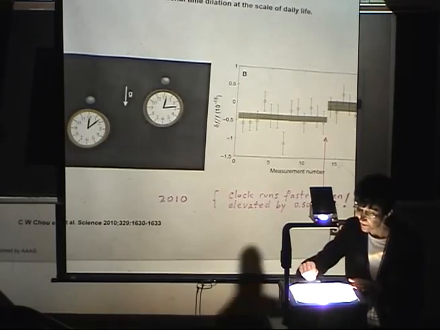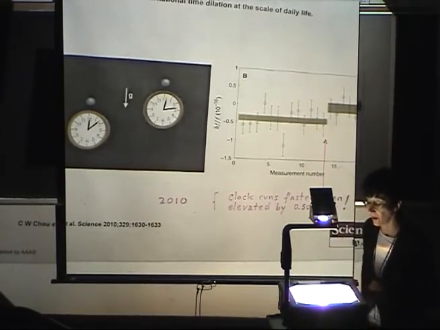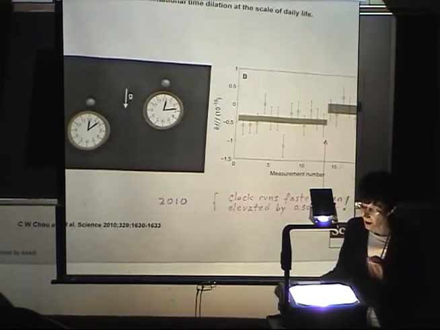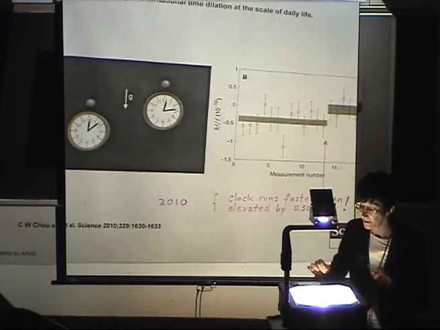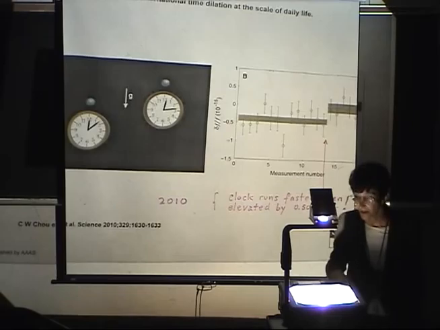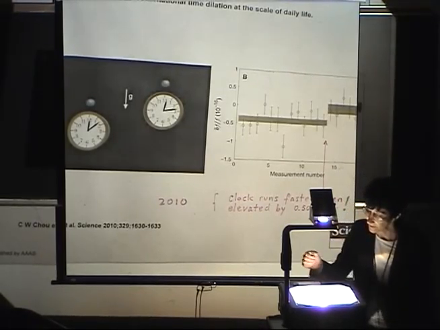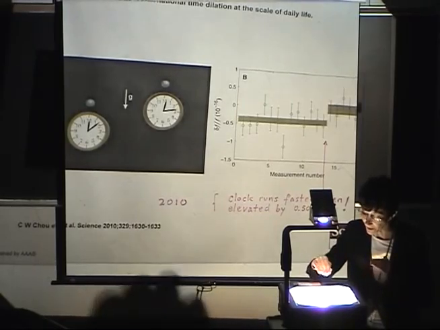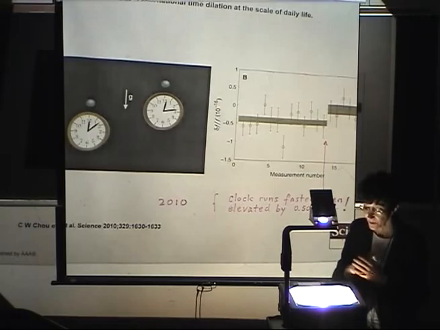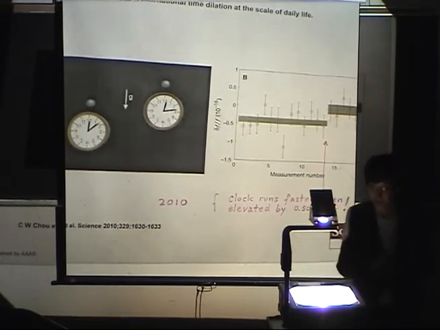In this case, the change of rate in the clock was measured when a clock was elevated by half a meter. So half a meter is about a third of your height. And so now in 2010, we can measure gravitational time dilation when something is moved just by half a meter.